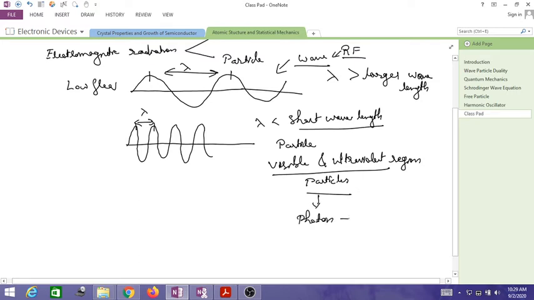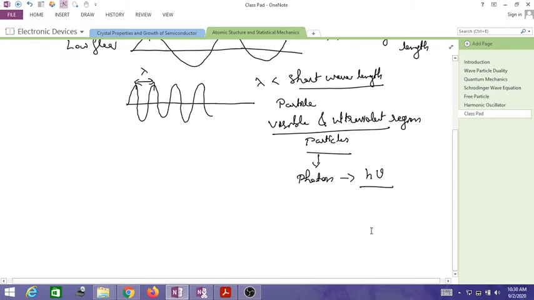So these are photons which have an energy of h times nu. A photon always travels with the velocity of light, as we all know, and will not exist at a velocity lower than that of light. It means photons travel with the same velocity as light, whereas the lower frequencies will not travel with the same speed.